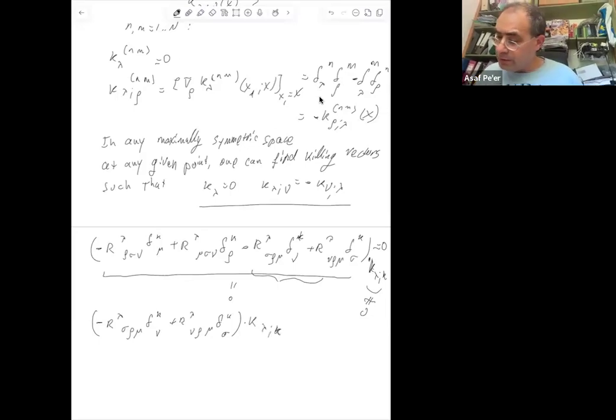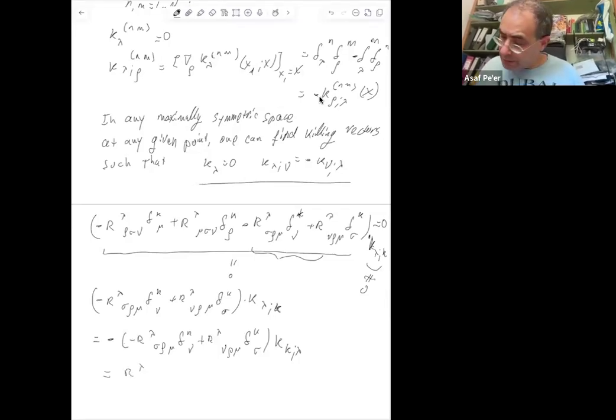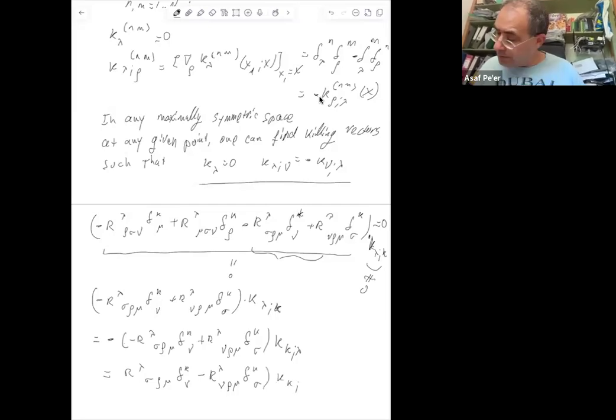I'm going to use the Killing condition to write it as a minus R_lambda sigma rho mu delta_kappa nu plus R_lambda nu rho mu delta_kappa sigma k_kappa;lambda. So this is R_lambda sigma rho mu delta_kappa nu minus R_lambda nu rho mu delta_kappa sigma k_kappa;lambda.